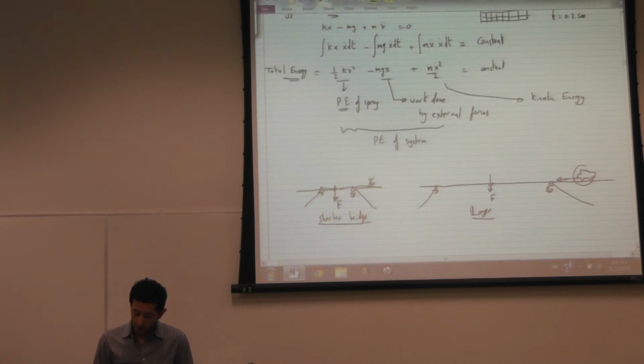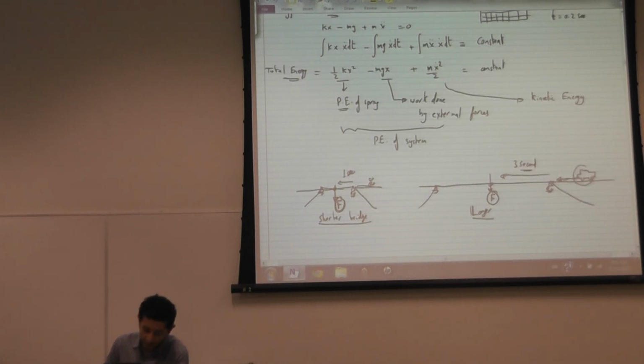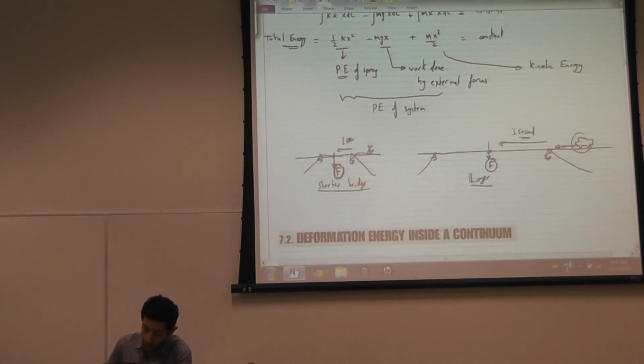The load is applied more gradually on the longer one, because if it takes 1 second to reach this point here, it's going to take longer on the other, depending of course on the speed and many factors. But this will take longer to reach the same point, so the dynamic effect on a shorter bridge is more.